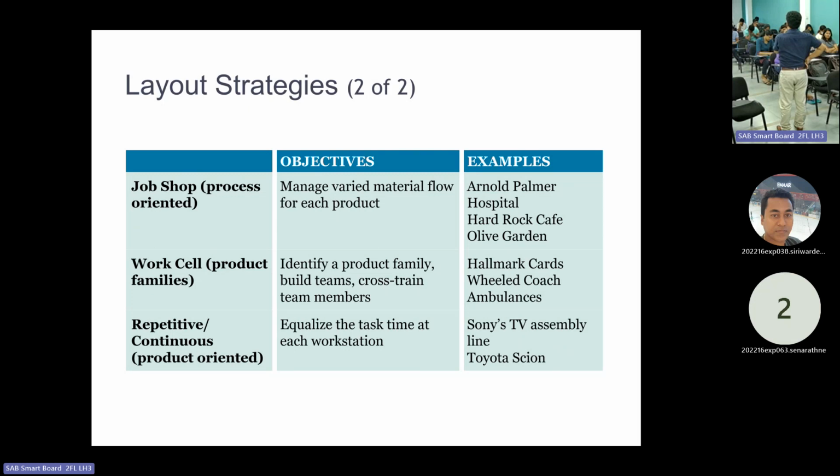If you need more details, I will provide. So what are the two things we are going to discuss in detail? Process-oriented layouts and product-oriented layouts. You may not understand it by just reading it. Let's discuss so that you can simply understand it.